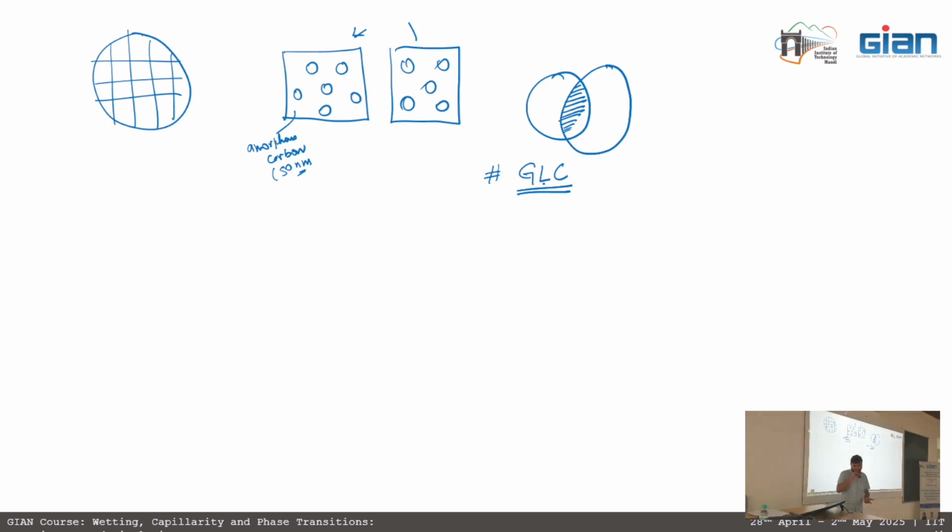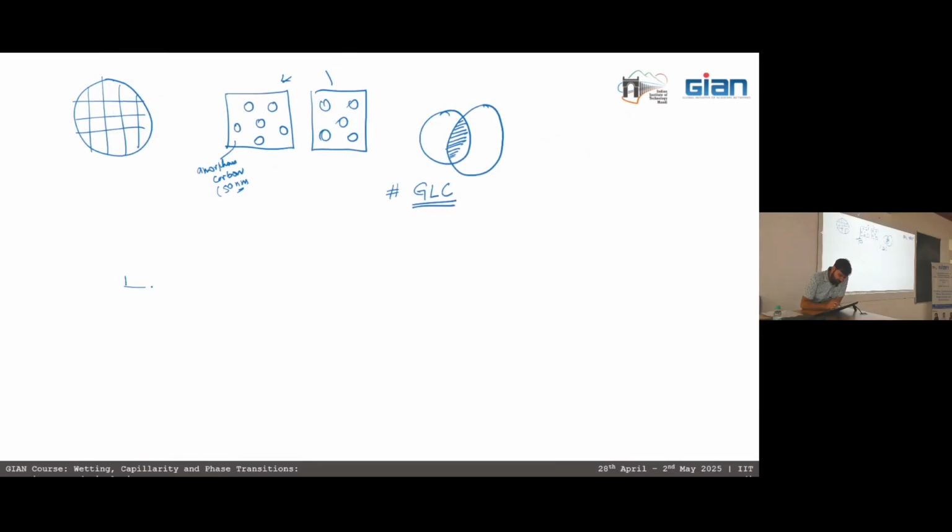So what they try to do is, using the silicon nitride and etching, they make channels in the silicon nitride membrane, and then from the top they cover it with single layer graphene.